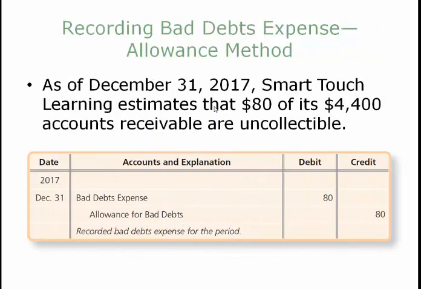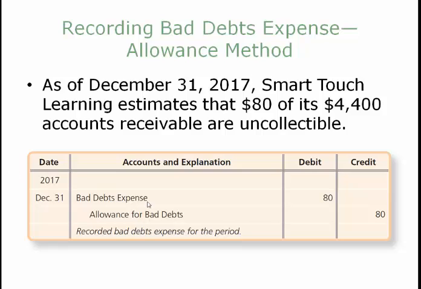So here's what happens. Here's the first one. Bad debts, just a simple allowance method. It says Smart Touch estimates that $80 of its $4,400 accounts receivable is uncollectible. So for the allowance method, they debit bad debt expense and they credit allowance for bad debts.